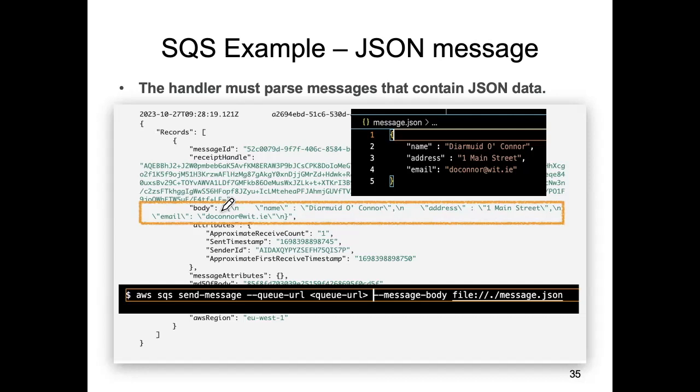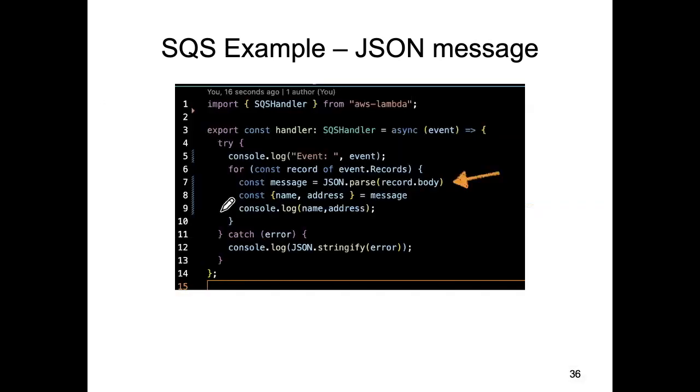So if I now look at my updated Lambda handler, you can see that's what I'm doing here. I am parsing my body, and you would do that automatically, even if it wasn't JSON. If it was just an ordinary text string, maybe you don't actually have to parse it. Maybe you do have to know that it is JSON.